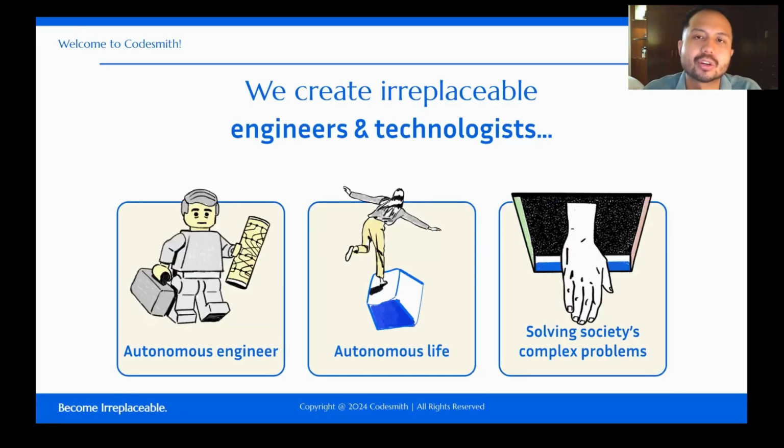Well, our mission at Codesmith is to create irreplaceable engineers and technologists. Codesmith is based around an immersive engineering program that aims to develop grads who are autonomous and flexible engineers, ones who are able to handle any problem or technology that is thrown at them. We want to really help folks enjoy the satisfaction of a new level of autonomy in their personal and professional life.